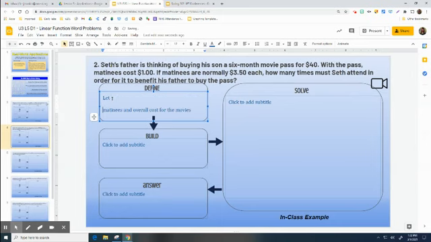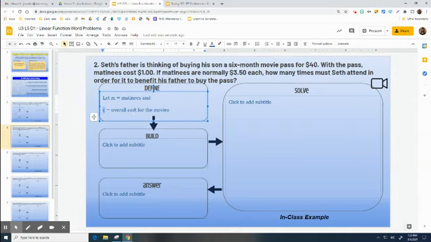I'm going to pick M to represent my movies, and make sure it's in lowercase. It automatically does uppercase, but we need lowercase. And then overall, I'm just going to use C, because I don't want to use an O. It might be misunderstood for a 0. All right, so let M represent the matinees and C represent the overall cost.